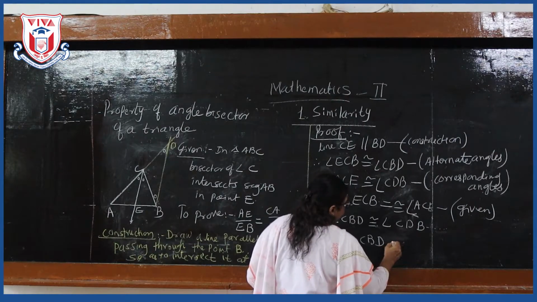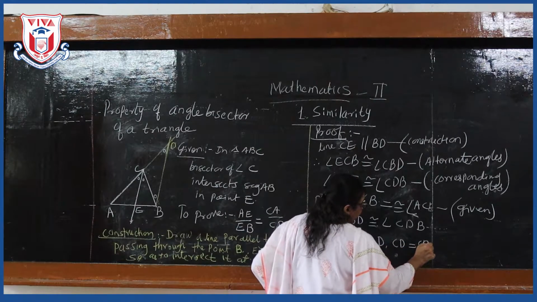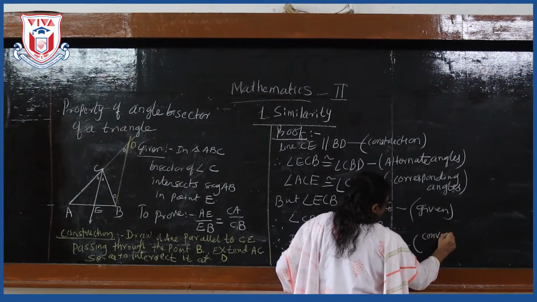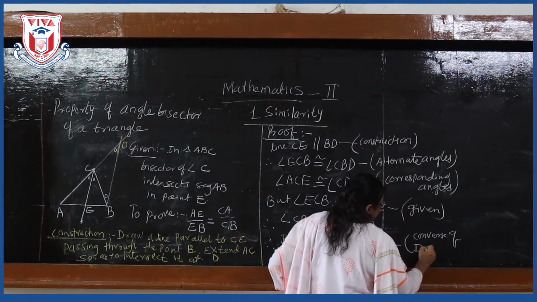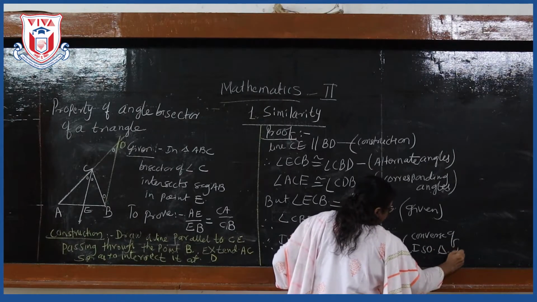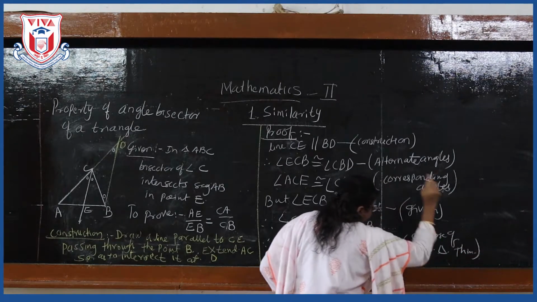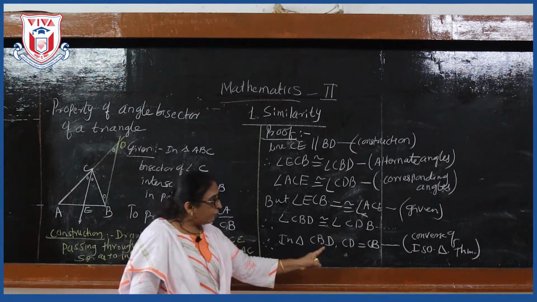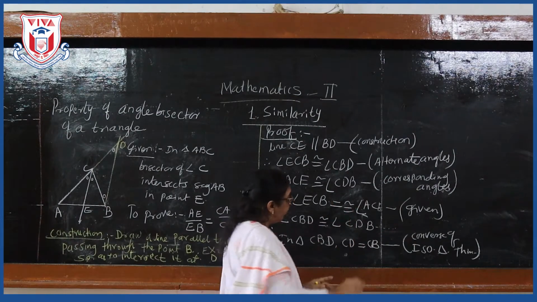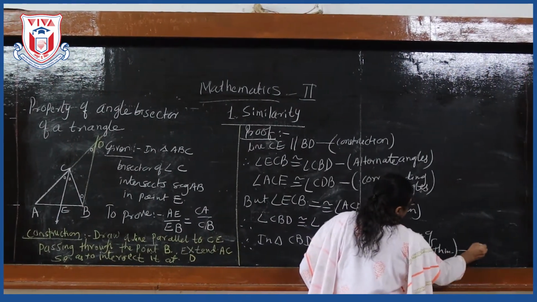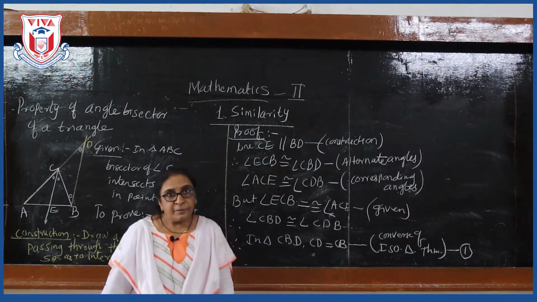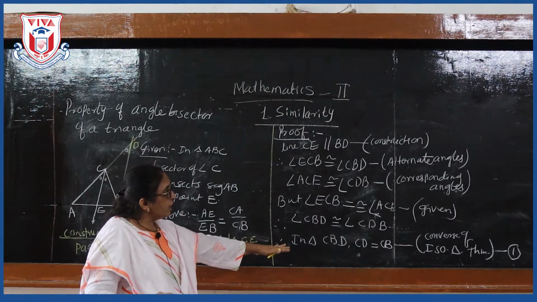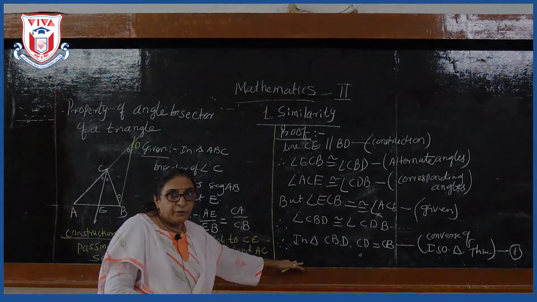CD is equal to CB. The reason is the converse of isosceles triangle theorem. This statement we require in the further proof, and hence we give the number 1 to this.